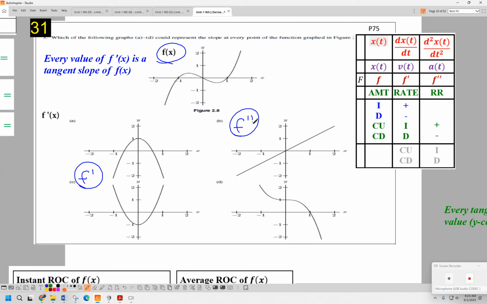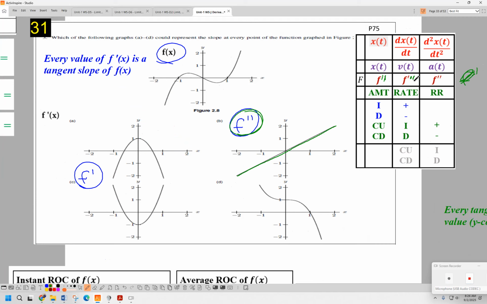We say, hey, this f double prime graph, one way to look at it is you could say the values of f double prime are always increasing. Therefore, the rate at which f double prime is changing must be positive. Therefore, f triple prime, so you just come over here and say, I'm going to call that f double prime, which means this now changes to f triple prime.